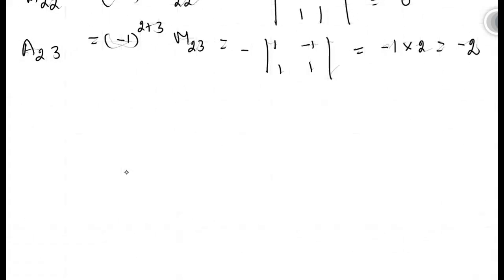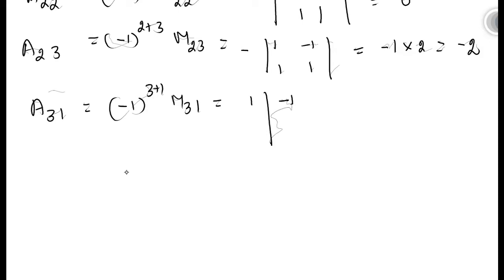Next we'll go for the third row. A31 is equal to (-1) to the power of 3 plus 1, M31, which is 1 into the determinant [-1, 1; 1, -3], which is 3 minus 1, equal to 2.